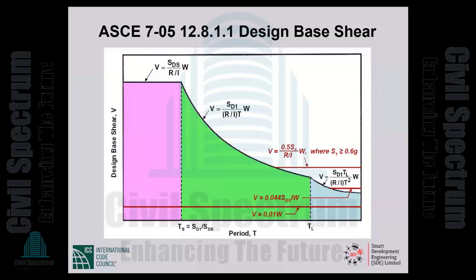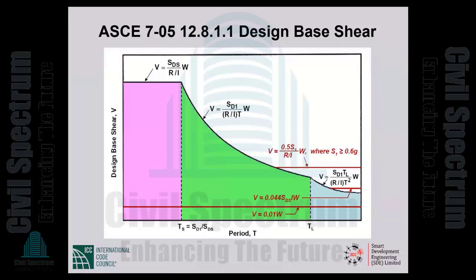So we raise the elastic spectrum by the importance factor I, we lower it by R. And then the 1 over T or 1 over T squared relationship will give us 0 or near 0 base shear for long periods.